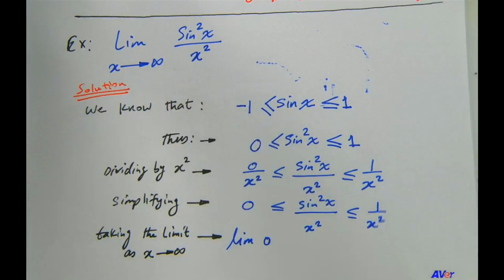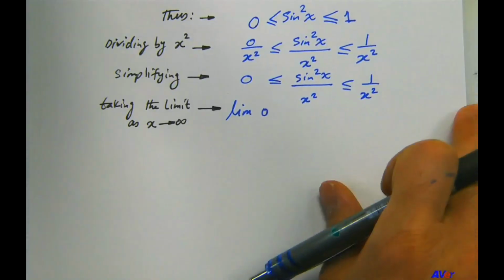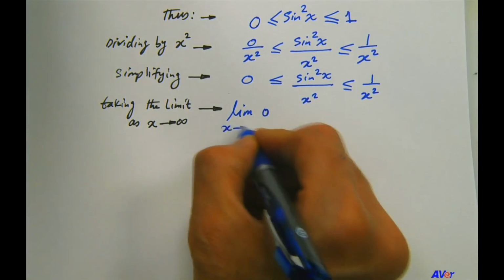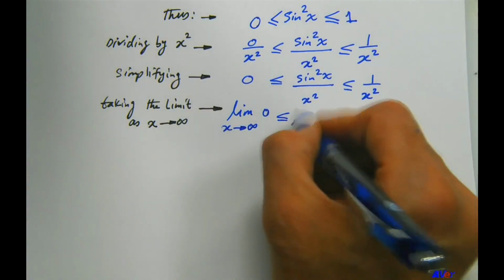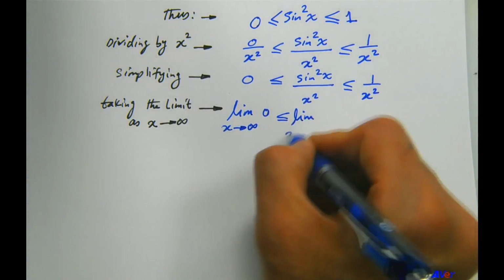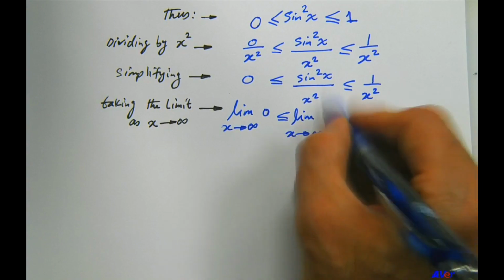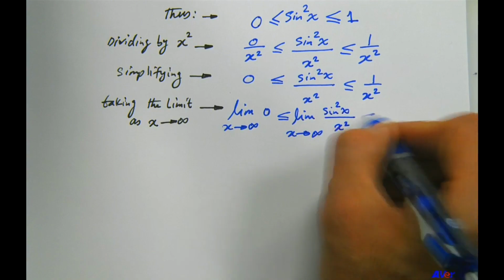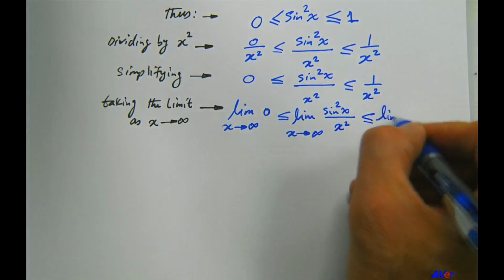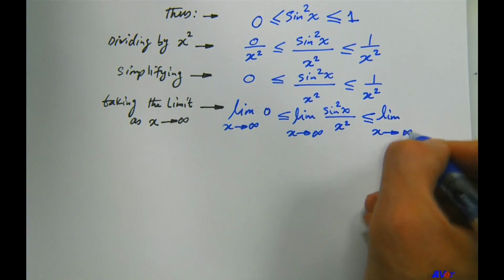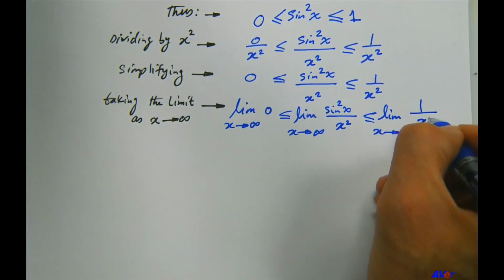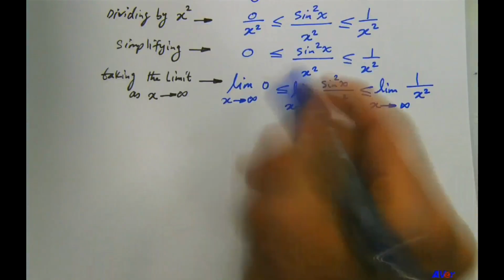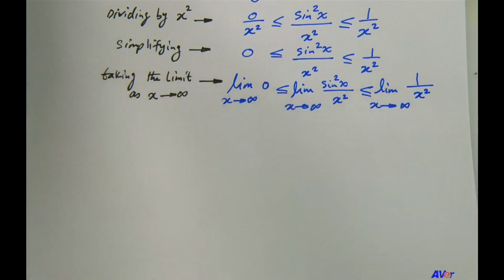Limit of 0 as x approaches infinity, less than or equal to the limit as x approaches infinity of sine squared x over x squared, and then the limit as x approaches infinity of 1 over x squared.